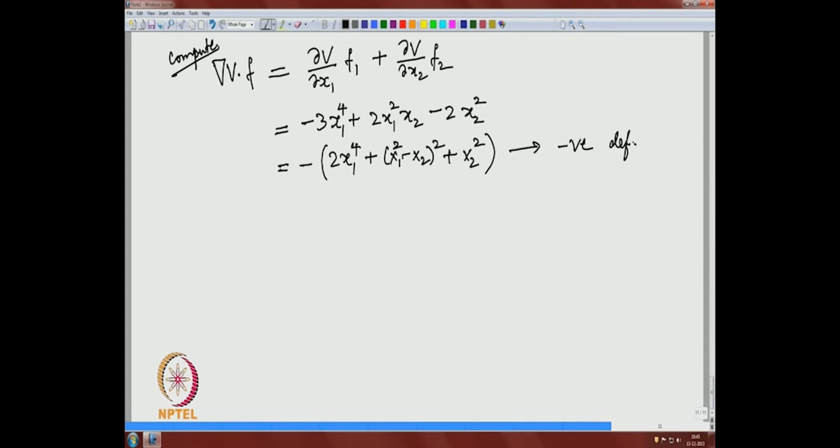Okay. So, therefore, again by Lyapunov theorem, (0, 0) is asymptotically stable.